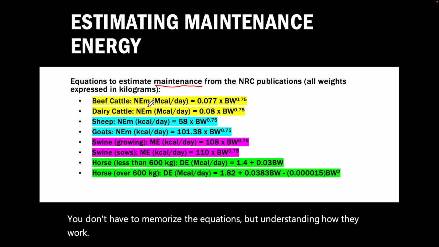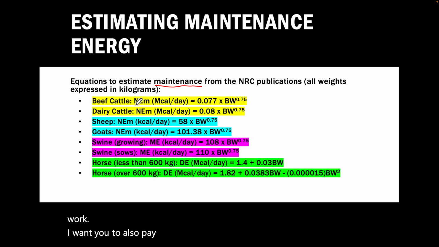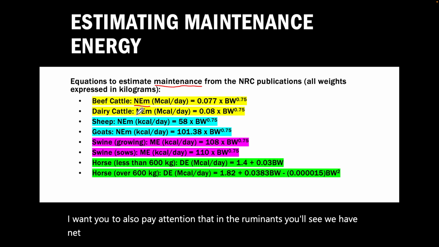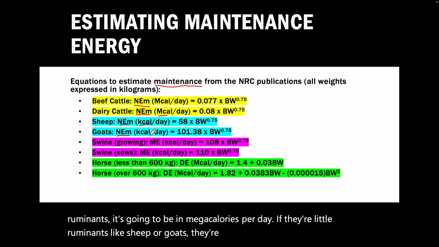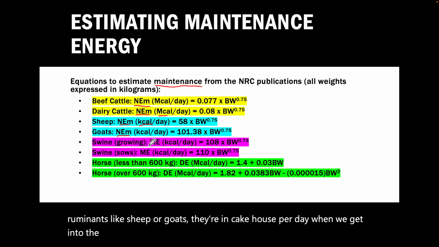I want you to also pay attention that in the ruminants, we have net energy for maintenance as the expression of energy. If they're big ruminants, it's going to be in megacalories per day. If they're little ruminants like sheep or goats, it's in kcals per day. When we get into the swine, I gotta change color.